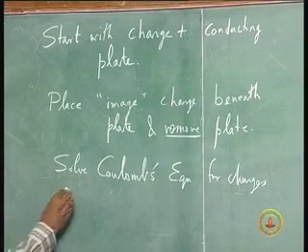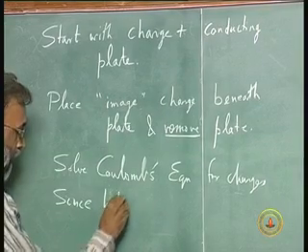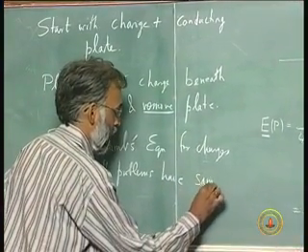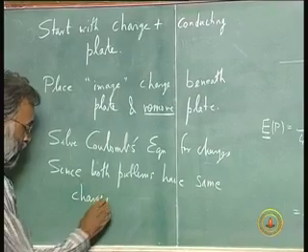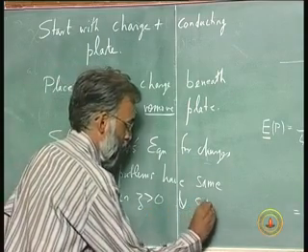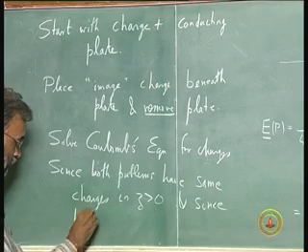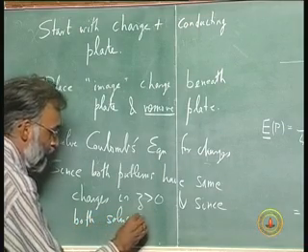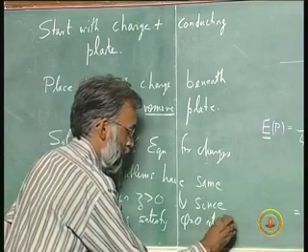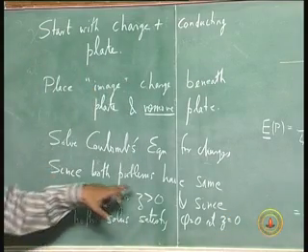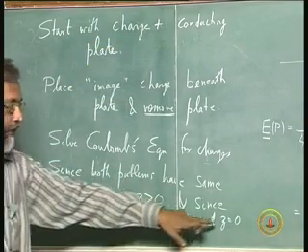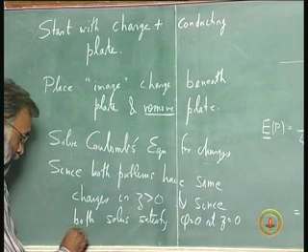However, since both problems have the same charges in z greater than 0, and since both solutions satisfy phi equals 0 at z equals 0, since both of these do these two things, that is, they have the same charges in z greater than 0, namely the original charge, and they both go to 0 at z equals 0, they are the same solution.